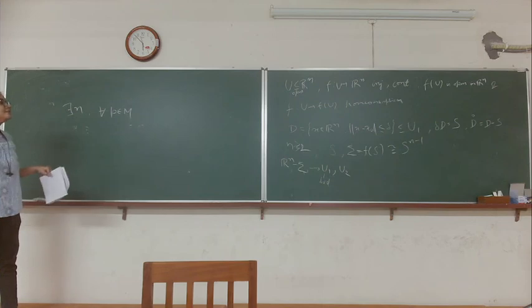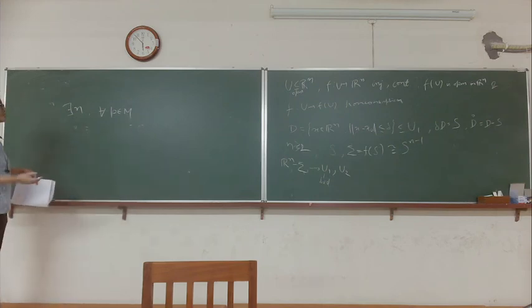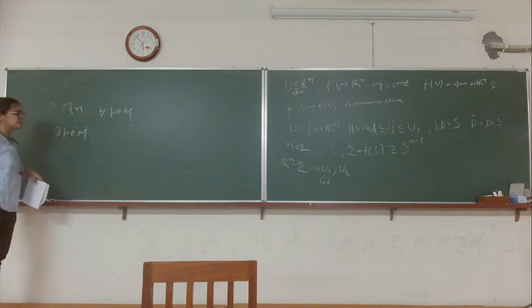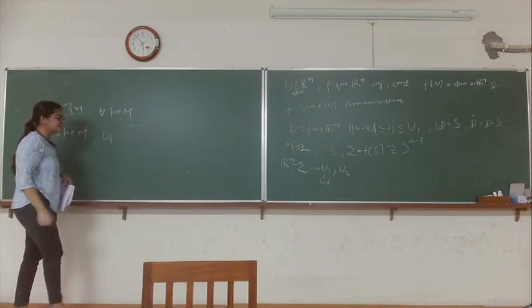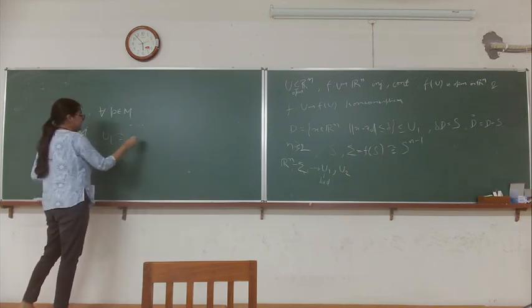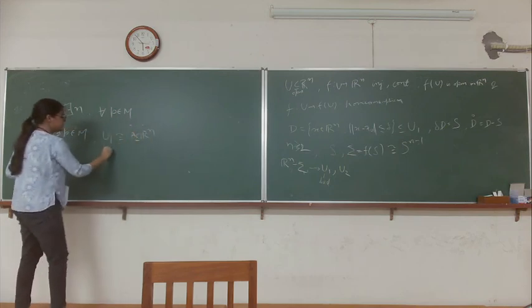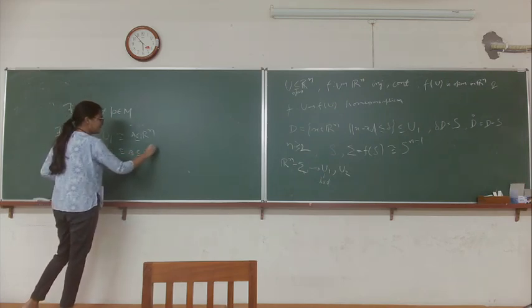For that we need the dimension invariance, which says that suppose there exists some p in M such that there exists a neighborhood U1 which is homeomorphic to some open subset of Rn, and U2 which is homeomorphic to some open subset of Rm.